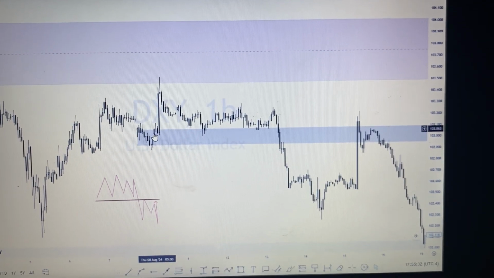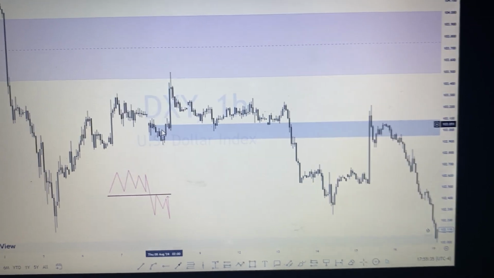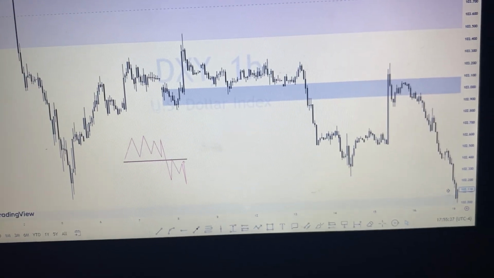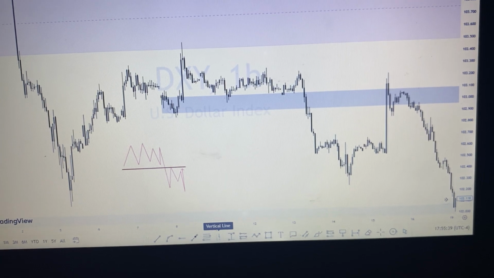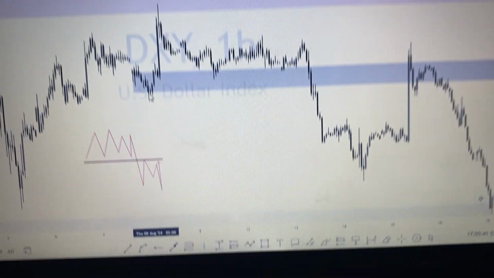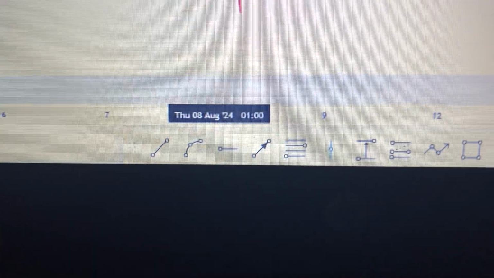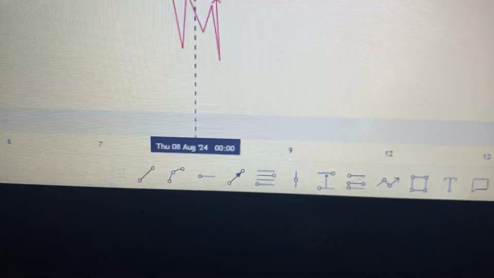We're looking for midnight open, 12 o'clock. Look at the time. This is midnight open.